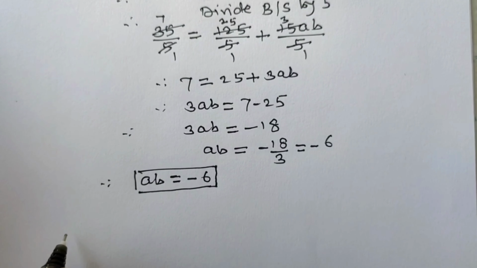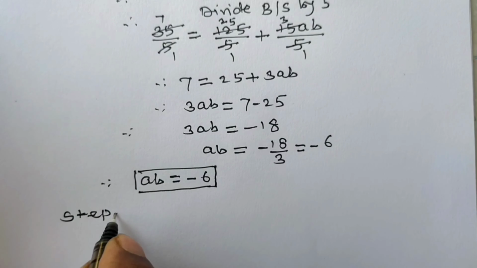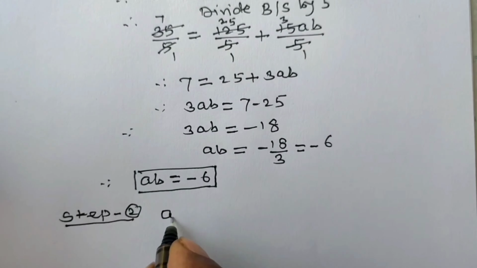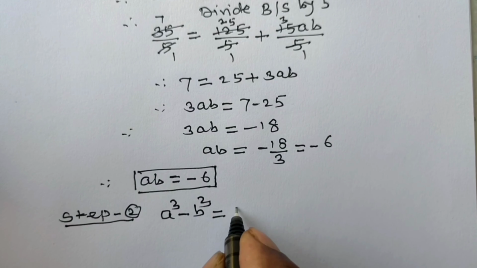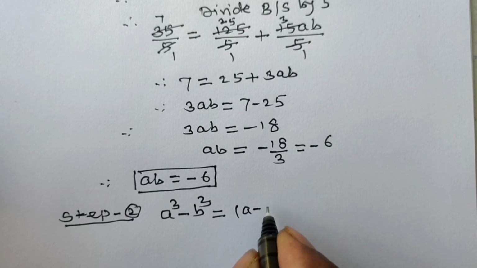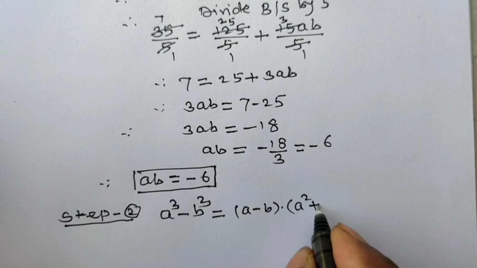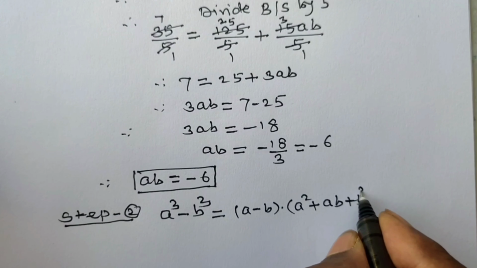Now, step number 2. In this step, we have to use this formula. a cube minus b cube is equal to (a minus b) in another bracket a square plus ab plus b square.